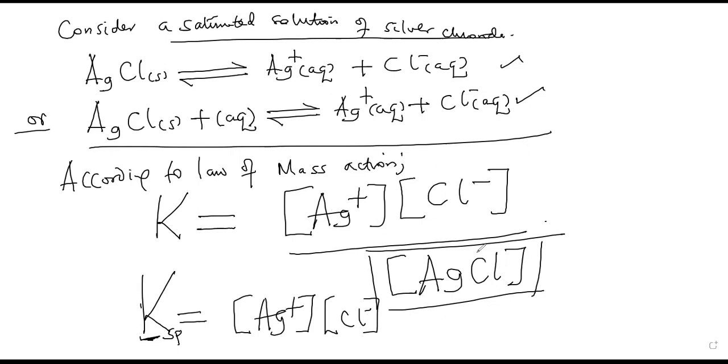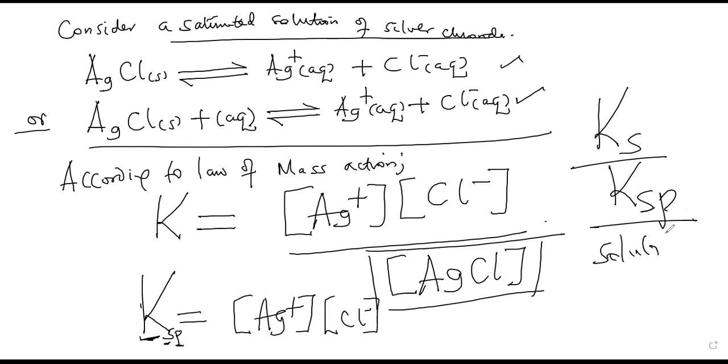We call it the solubility product constant. Some books will denote it as KS. KS, KSP, solubility product constant, or simply solubility product. So when you find solubility product constant or solubility product, they are the same.